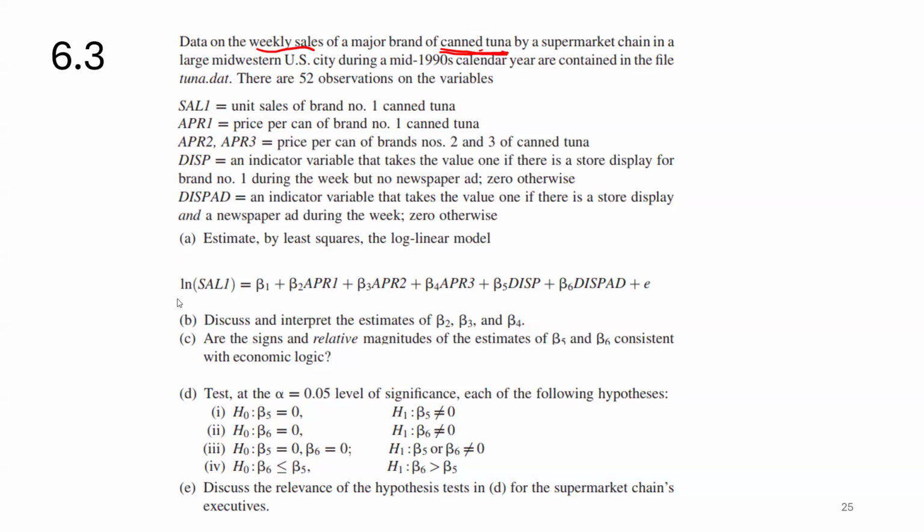They would like to estimate whether the number of sales depends on the price and competitor price. Of course, this is like the law of demand, and then it depends on the competitor price as well. So beta for P is like the competitor price.